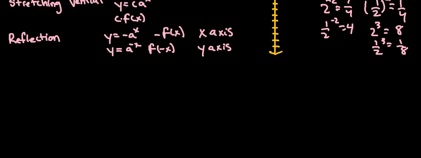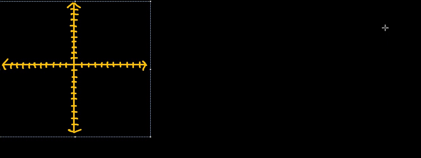Let me do one quick example. I won't spend much time on these. They are exactly the same as all other functions we've been graphing. Take the function f of x is equal to minus 2 to the x plus 2.